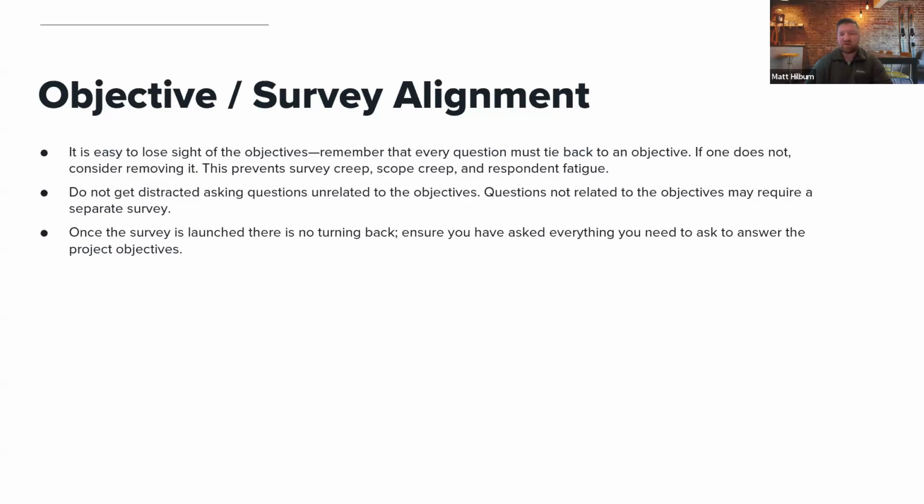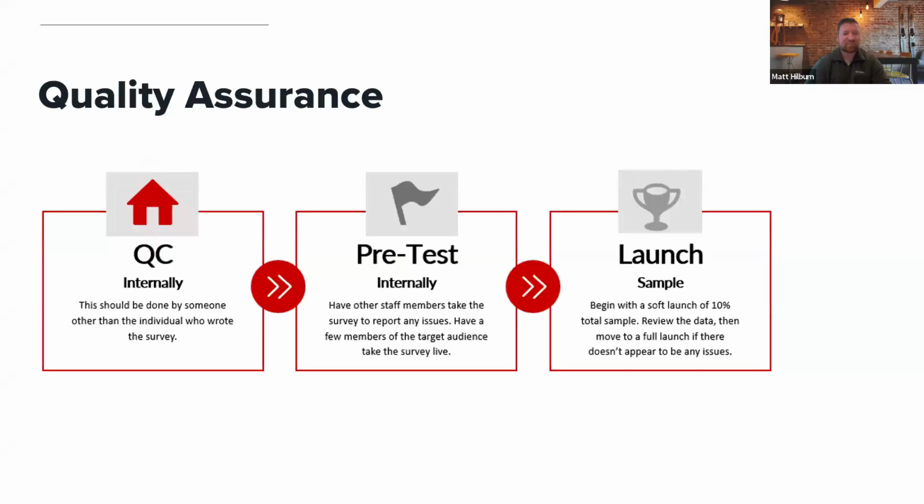That's a really easy way to get the survey out of control. They need to tie back to an objective. And if we determine that those questions are relevant and that we missed an objective, great, let's add it to the research plan. But we need to just be sure that there's always going to be some consistency there. And by the way, once the survey is launched, there's no turning back. So before you launch the survey, make sure you've got everything you need in there.